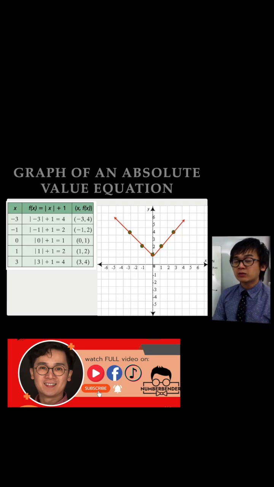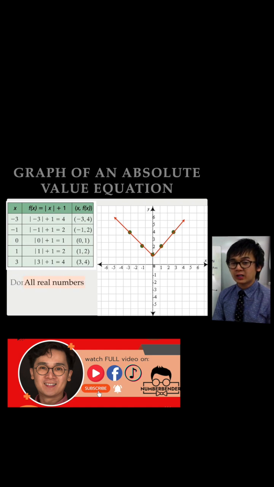Now, if you're going to describe the domain and the range of the function, the domain of this function, just like what we did in our previous lesson, is all real numbers. Because you will notice if you move your pencil or your ruler from the leftmost side of the axis to the right-hand side, it's touching all the values of x.